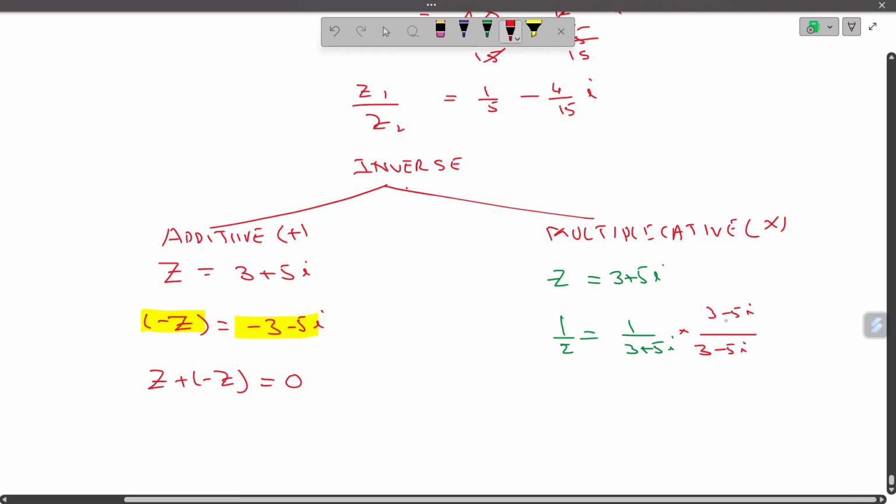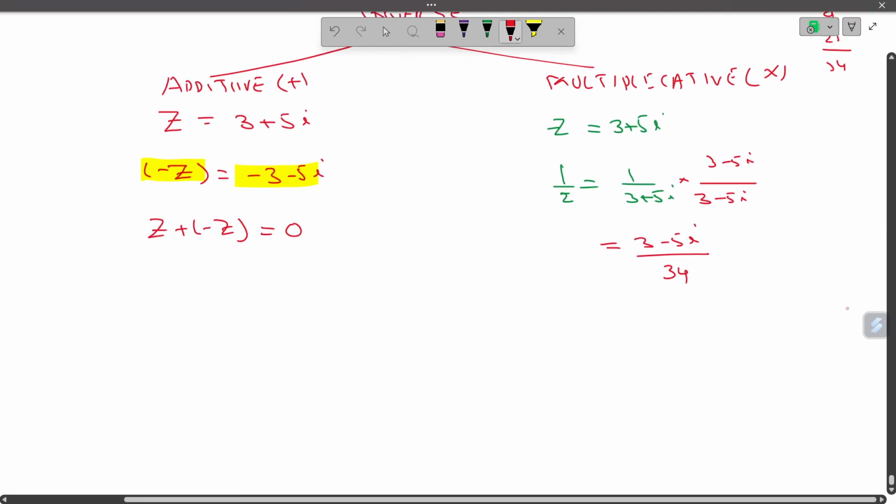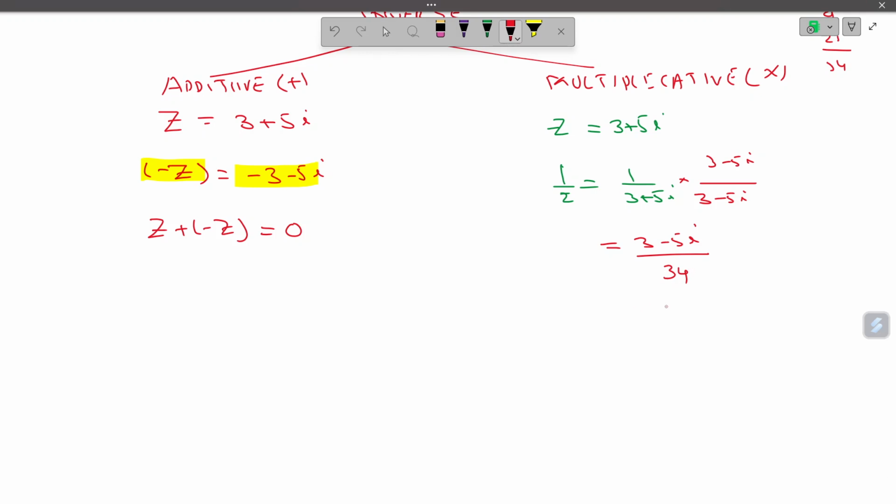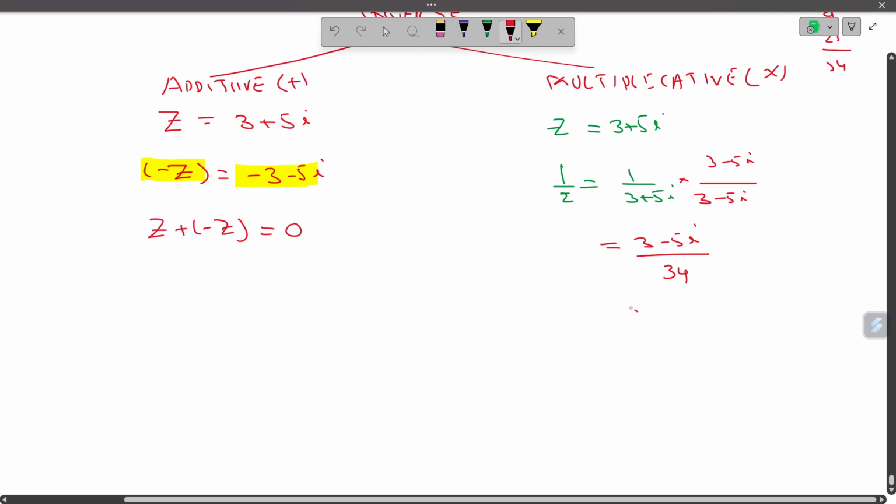So 3 minus 5i divided by 3 square plus 5 square. 3 square is 9. 5 square is 25. So how much? 34. So that is multiplicative inverse, z and z bar. Okay, that's it.